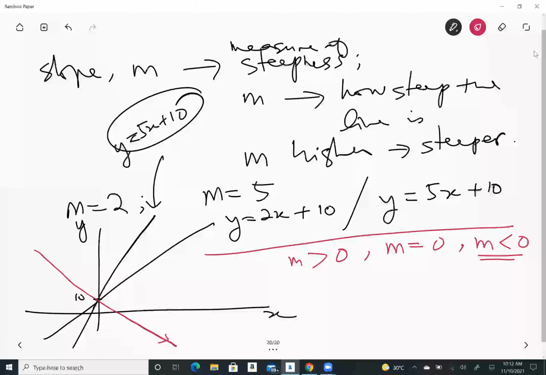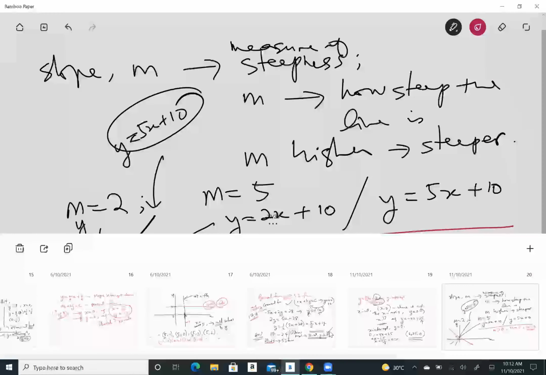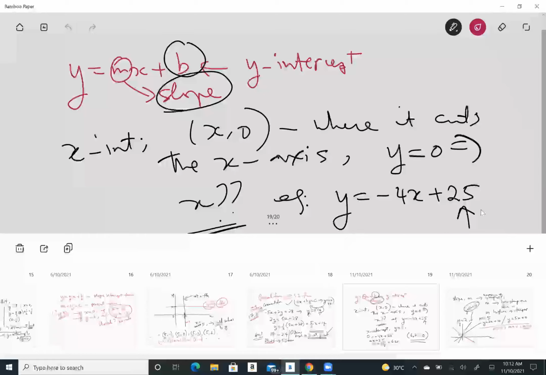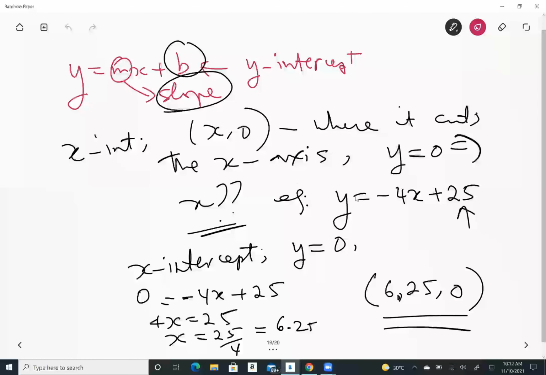The example we just had earlier, y equal to negative 4x plus 25, is an example of a line with negative slope. So the line is going downward.